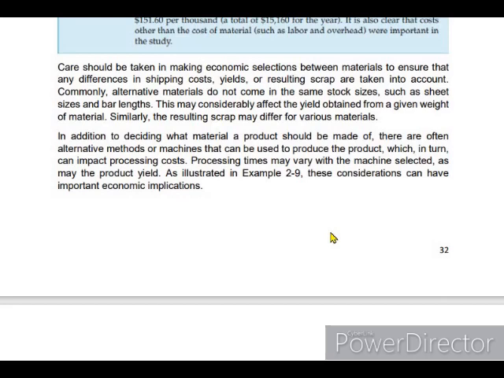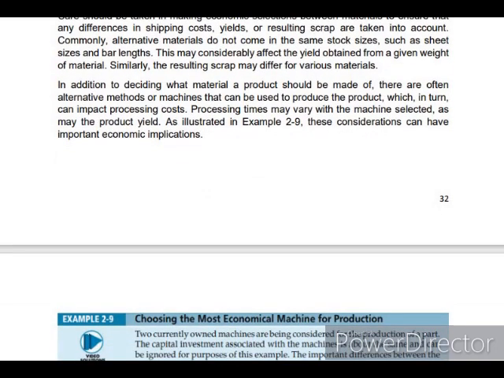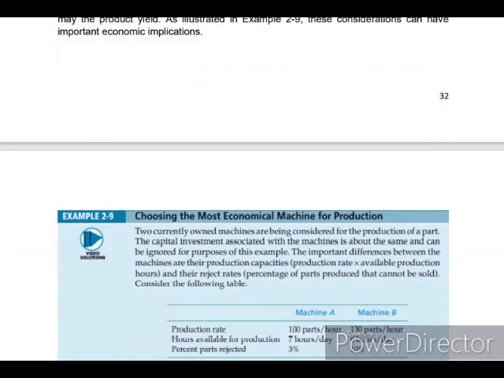So processing times may vary with the machine selected, as may the product yield, because machines produce more than the hands of people, or the manual work. As illustrated in the next example, these considerations can have important economic applications.